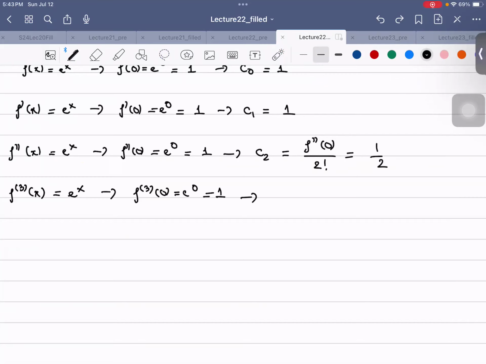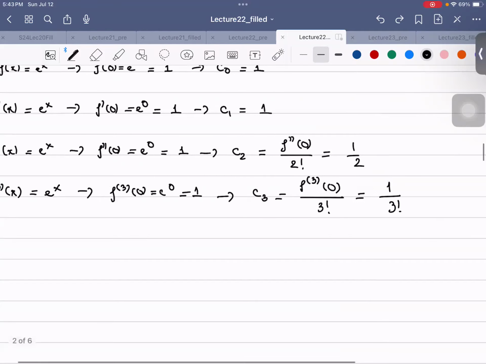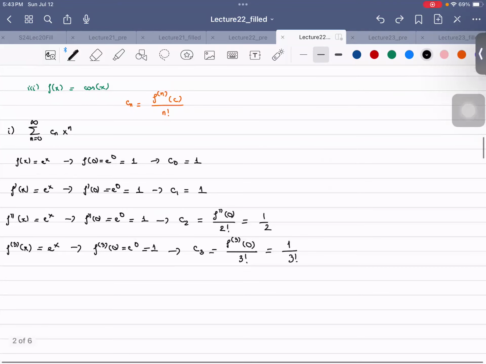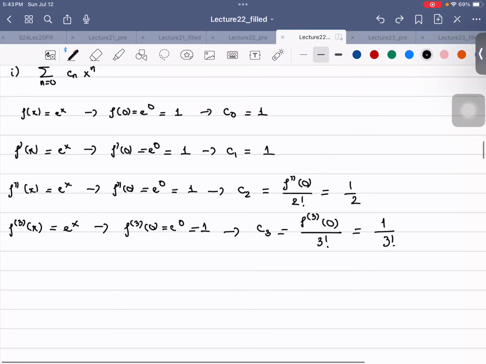So that means the coefficient C3 will be the output of the third order derivative at 0 divided by 3 factorial, which is 1 divided by 3 factorial. Over here, I should write it in this way. C1 is f prime of 0 divided by 1 factorial. So I have 1 divided by 1 factorial, 1 divided by 2 factorial.